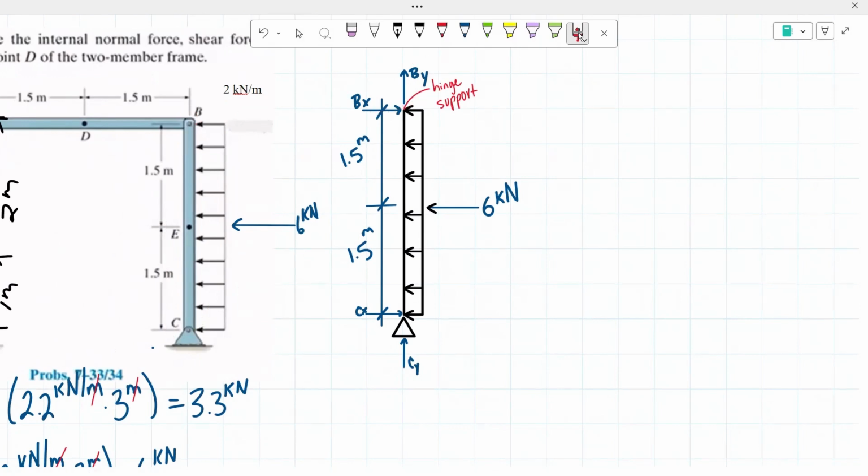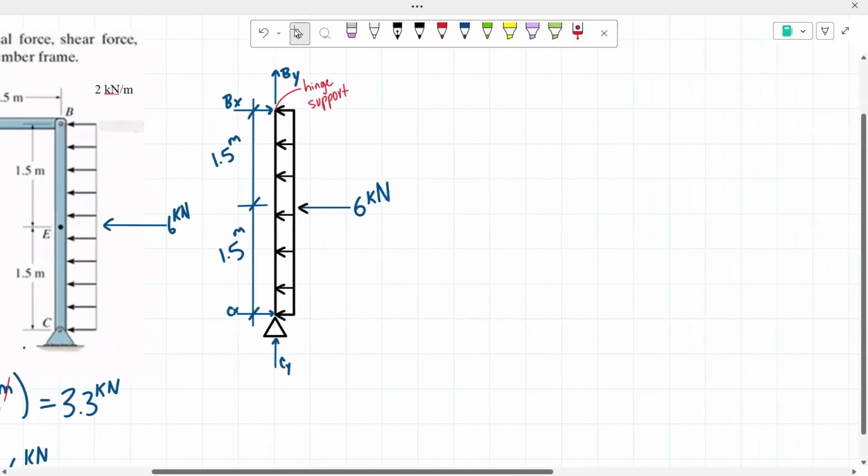Then at point C, we have a pin support, again two unknown reactions, and then my concentrated force. So to determine the values of my reactions at my hinge support without having to deal with the reactions at point C, I'm going to be taking the sum of the moments about point C. That way I would be solving for my reactions at my hinge support and not at my pin support. So that's what I'm going to do.